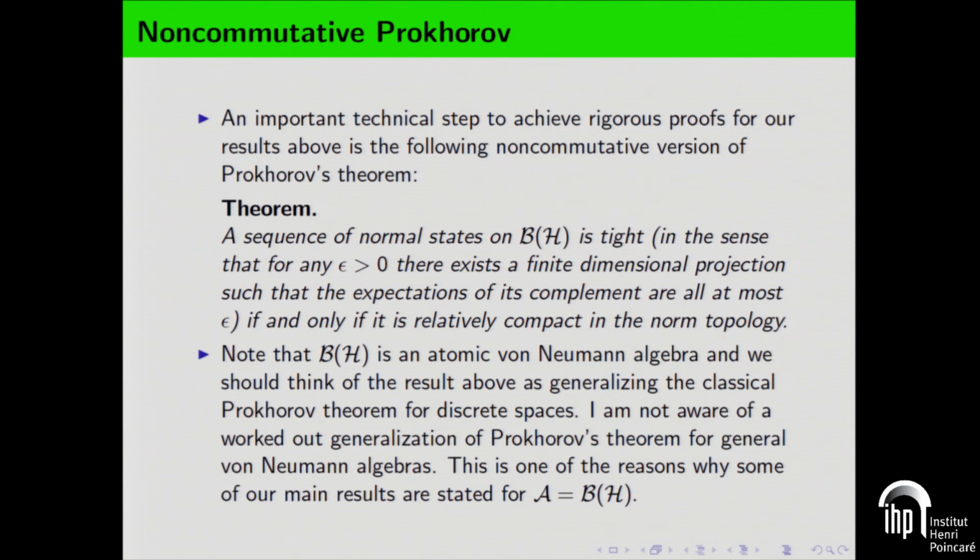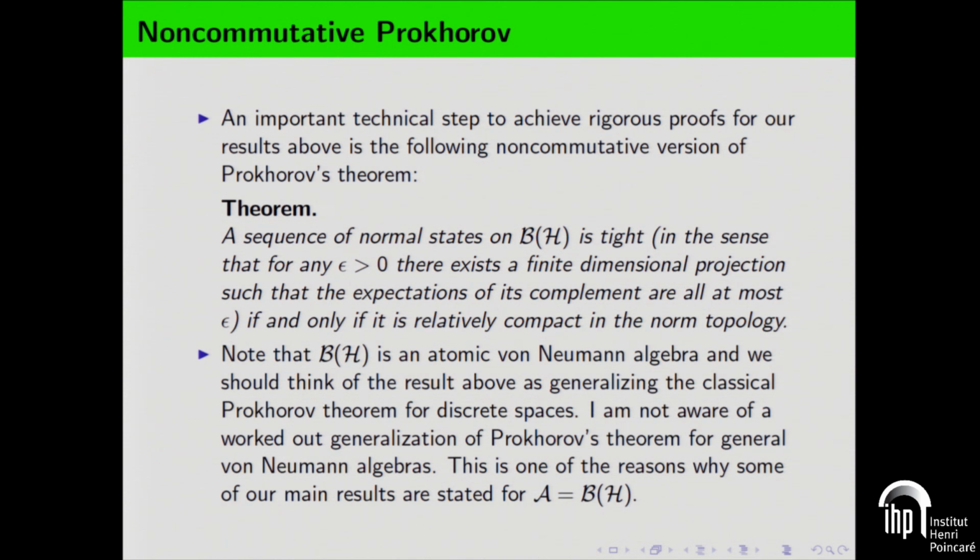Note that B of H is an atomic von Neumann algebra. So we should think of this result as generalizing the classical Prokhorov theorem for discrete spaces. Look, instead of finite sets, we have a finite dimensional projection.